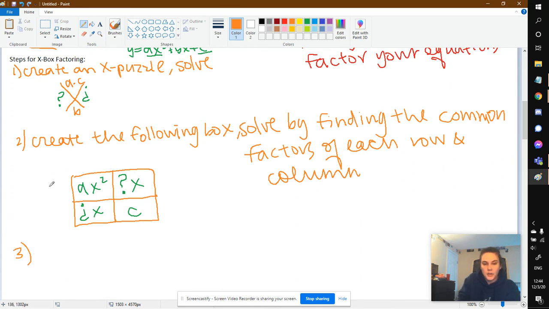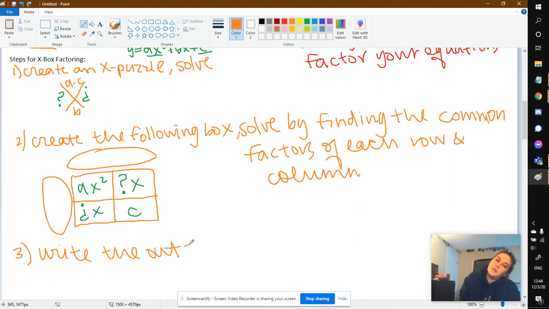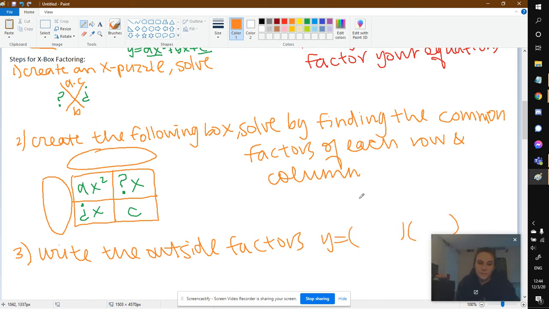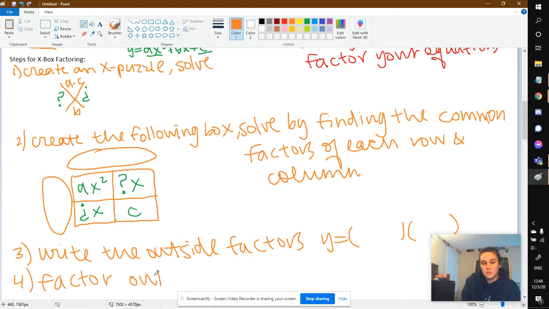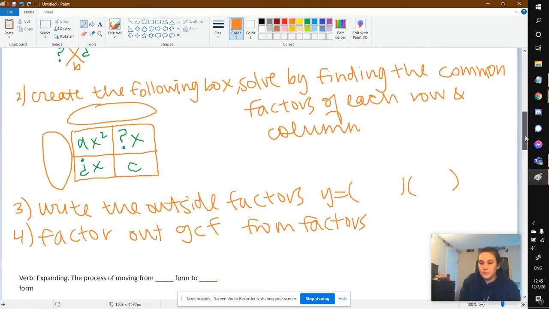So we'll have stuff right here and right here. And then we write the outside factors like that, right? And then the sneaky fourth one is factor out the greatest common factor from factors. And I'll give you an example of that right now.